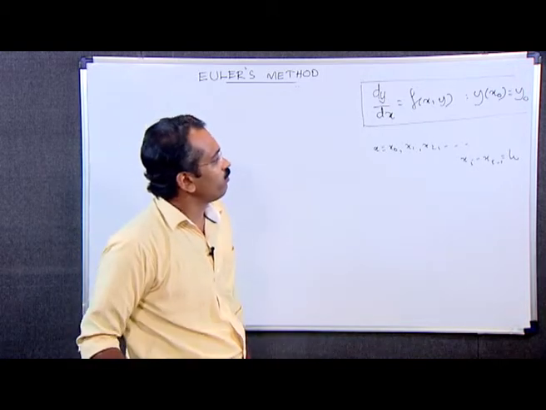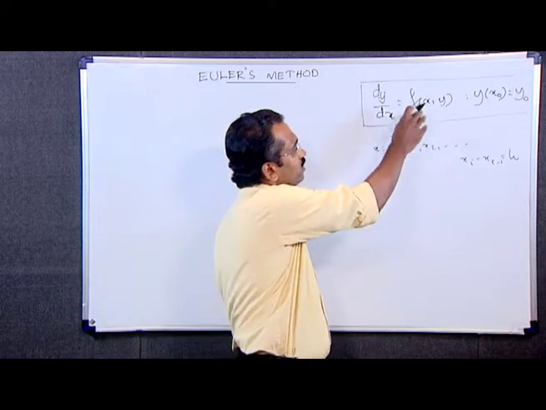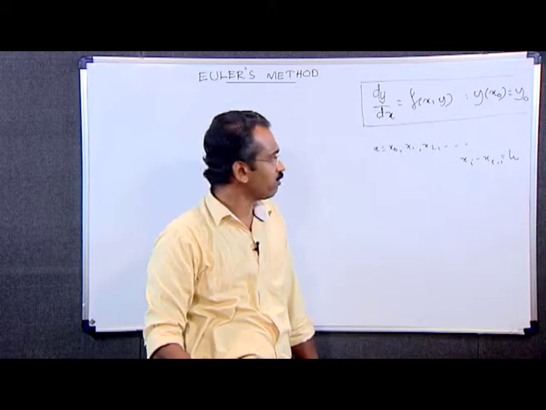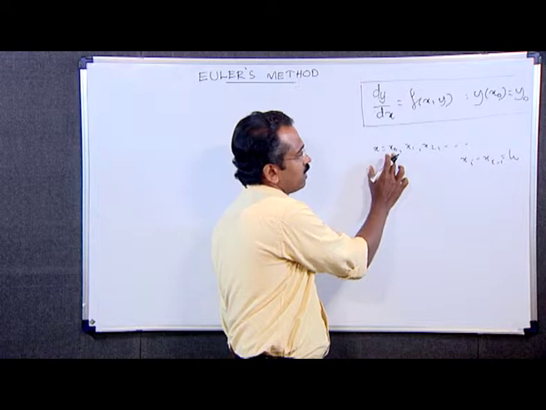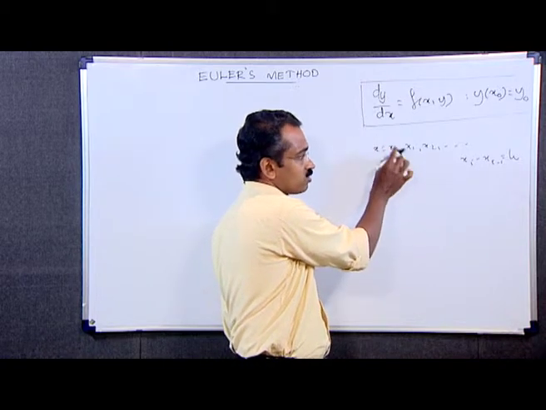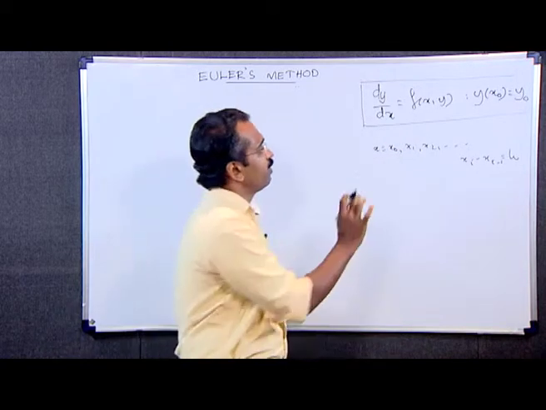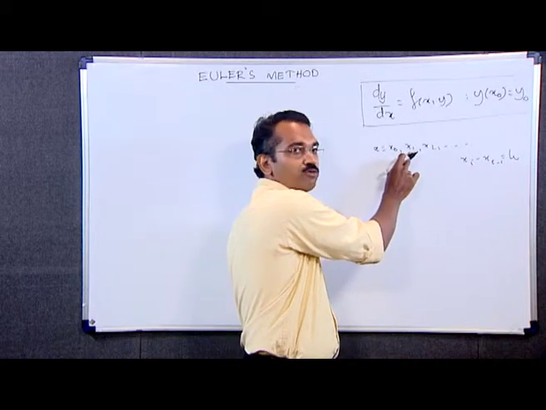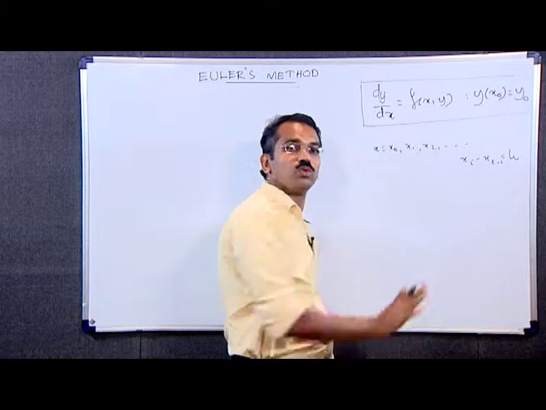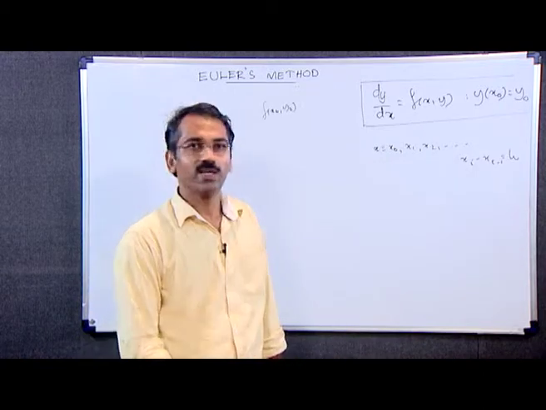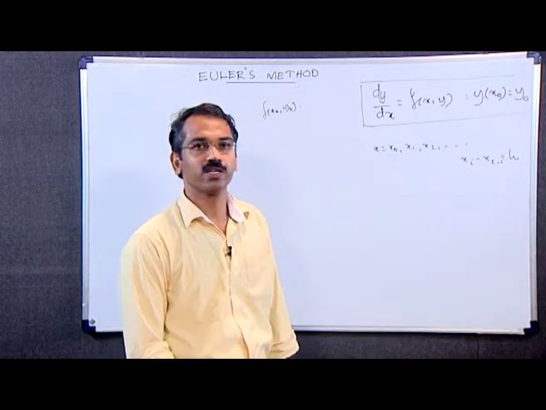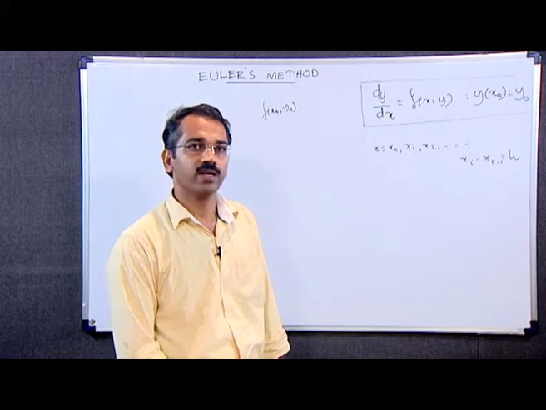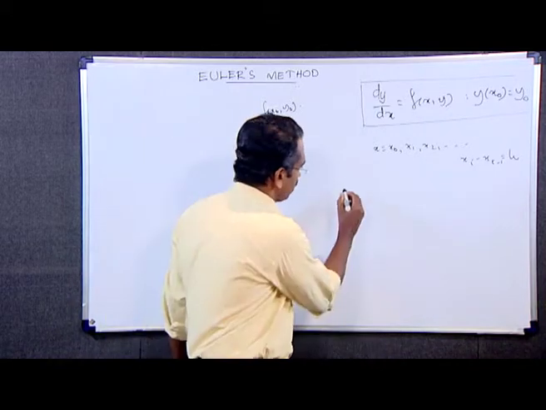Now, x naught and y naught are given, but we want to find the value of y corresponding to x1, that is we want to find y1, y2, etc. Let the actual solution of the differential equation be denoted by a continuous graph like this.